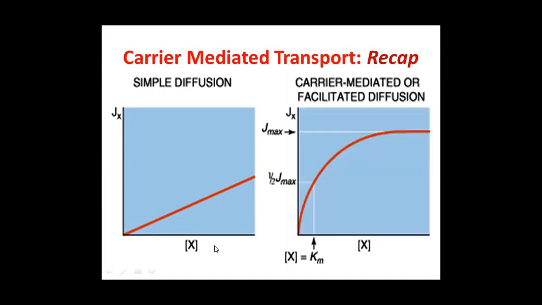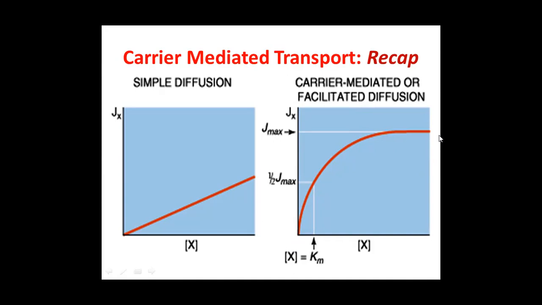In case of carrier mediated transport, you can very clearly see that when the concentration of X is increasing, the Jx is also increasing, but it is not a linear increase, it is a non-linear increase. First of all, the rate of rise is quite high because it is facilitated diffusion or carrier mediated transport. And after some time, you shall see a phenomenon of saturation.